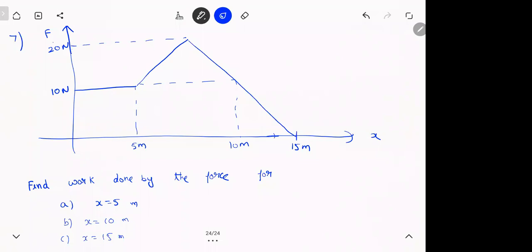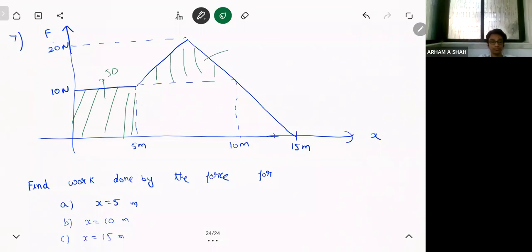We just start to find the areas of triangles and rectangles. What is this area? 10 into 5, 50, right?